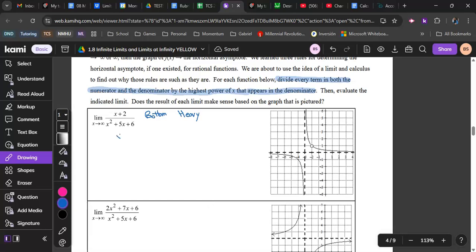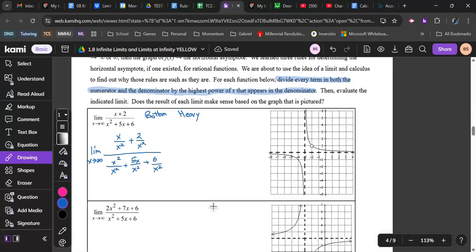So I'm going to get x divided by the greatest power in the bottom, so x squared, plus 2 over x squared. Bear with me on this. I know. x squared over x squared, plus 5x over x squared, plus 6 over x squared. I told you, bear with me. What we're doing is dividing everything by the greatest degree in the denominator.